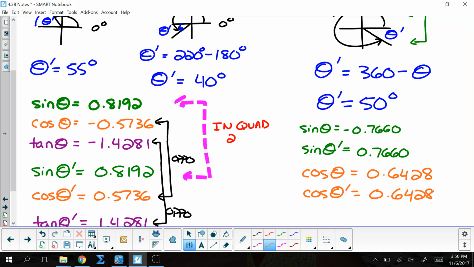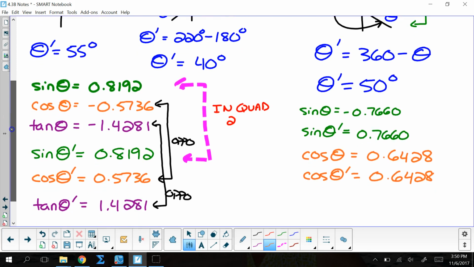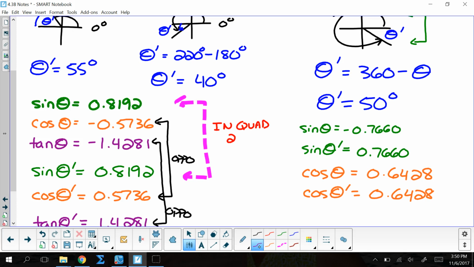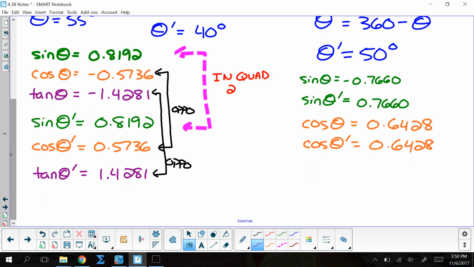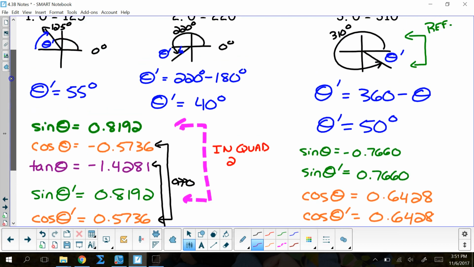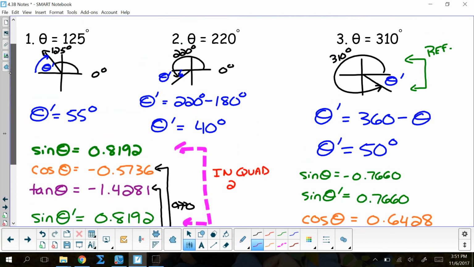Now, because the sine was opposite and the cosine was the same, the tangent of theta and theta prime should also be opposite. So the tangent of theta is negative 1.1918, and the tangent of theta prime is positive 1.1918, because of where they fall on the quadrants.